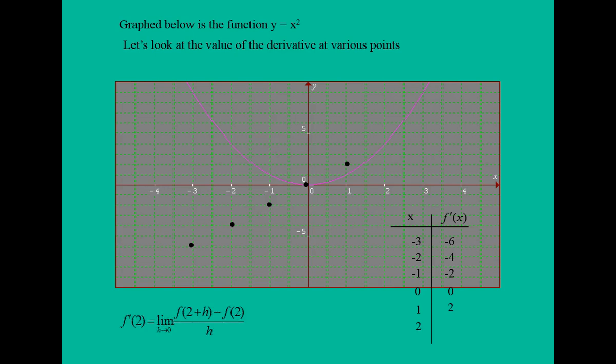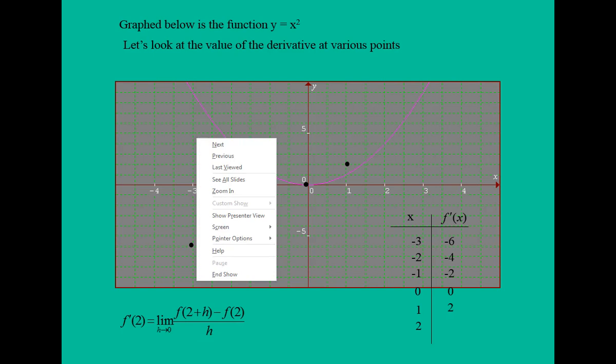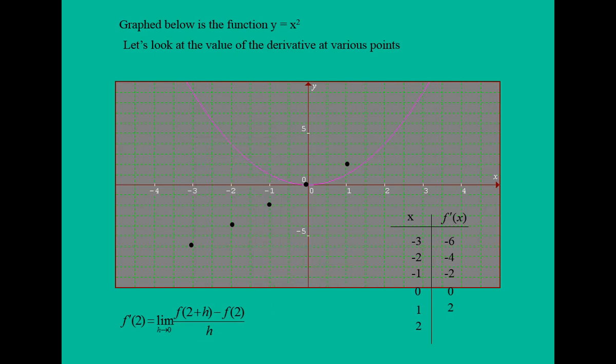So let's find the slope of the tangent line when x equals 2 to this graph. Now I just want to make sure, here we're looking at calculating the slope of the tangent line to the graph at this point. And that doesn't look tangent, but we're calculating the slope of that tangent line.